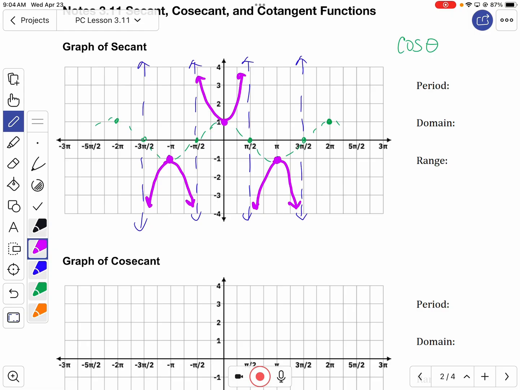How far did we have to go to get an up U and a down U before it started to repeat? I went to 2 pi. So my period is still 2 pi. It matches the ghost. If my ghost is cosine, the period of cosine is the period of secant. They match because they're reciprocals.